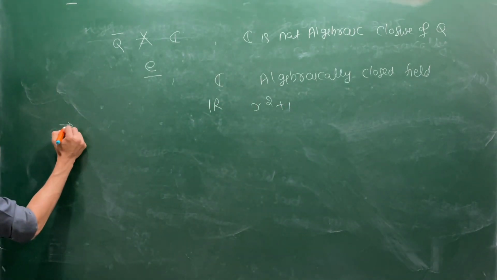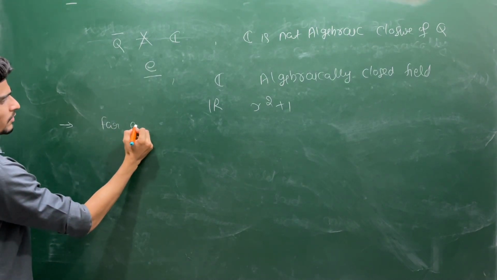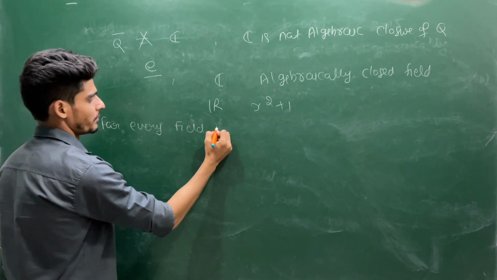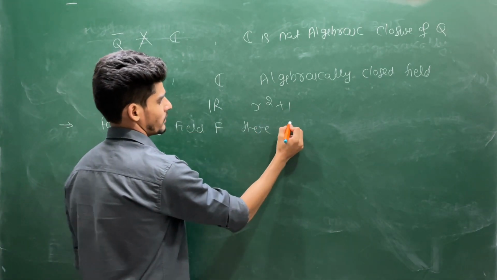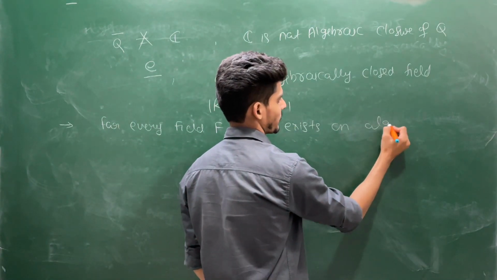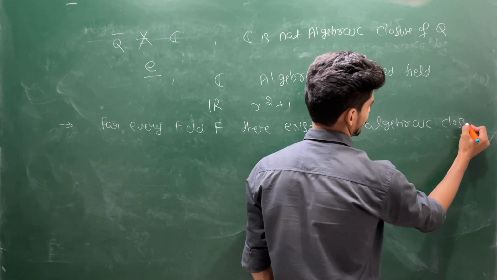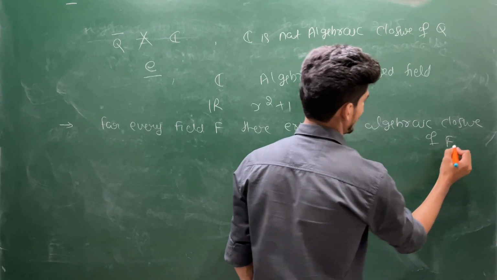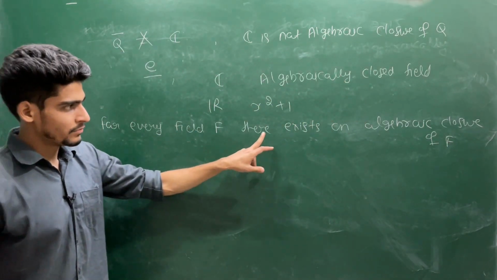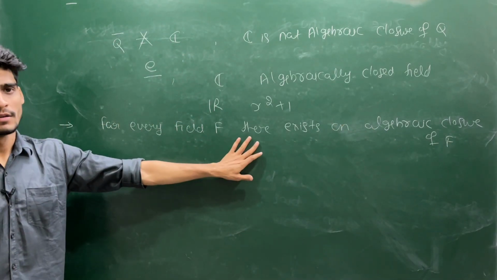Let me write one statement. For every field F, there exists an algebraic closure of your field F. For every field F, there exists an algebraic closure of F. The proof I am not doing here.